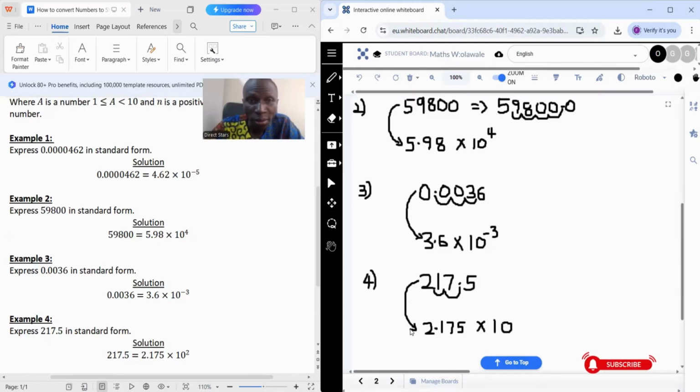The original number, which is 217.5, is bigger than the first number, which is 2.175. Then it's going to take the positive. So we're going to have 217.5 in standard form as 2.175 times 10 raised to the power of 2.